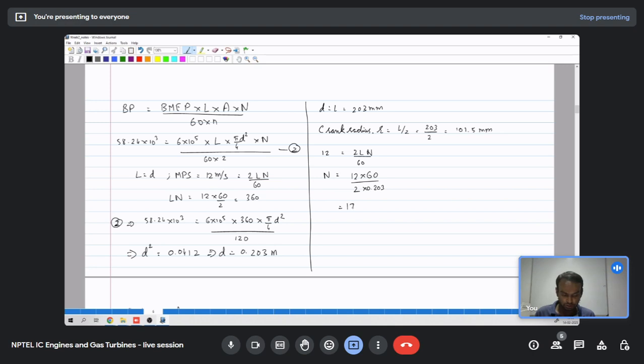So we have 1773.4 rpm. We have calculated R as well, and the speed of the engine.